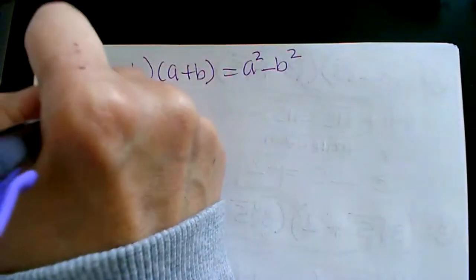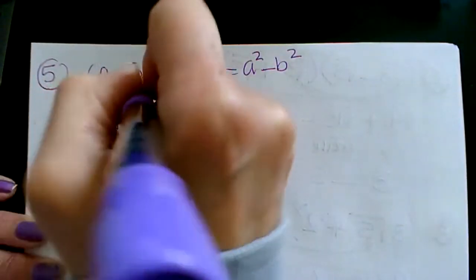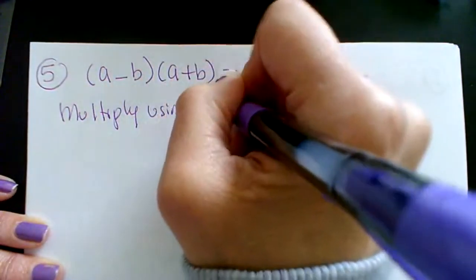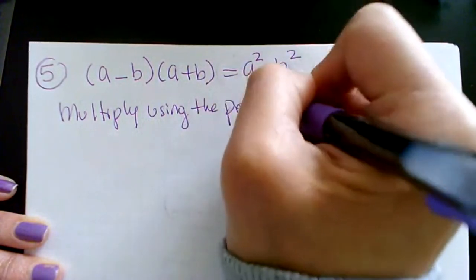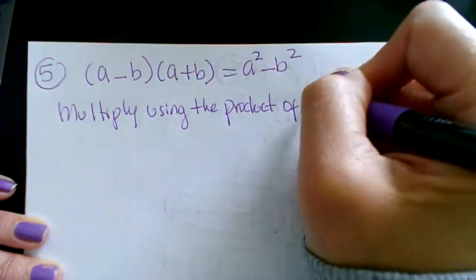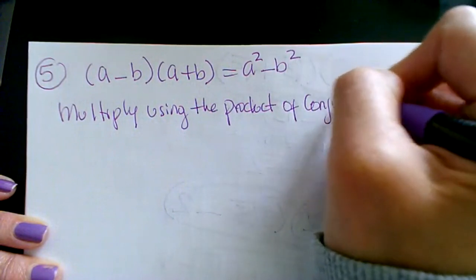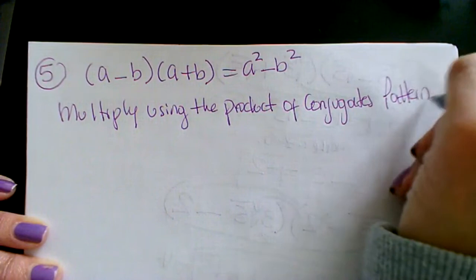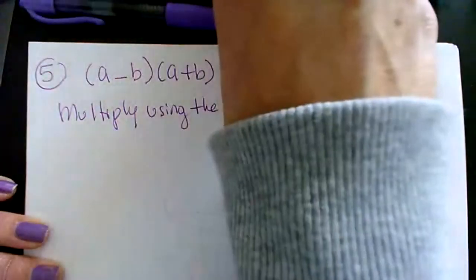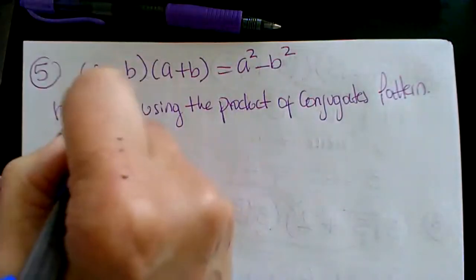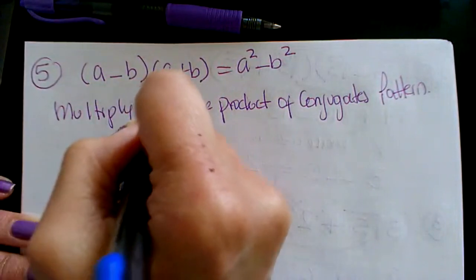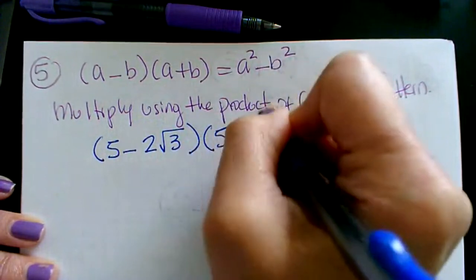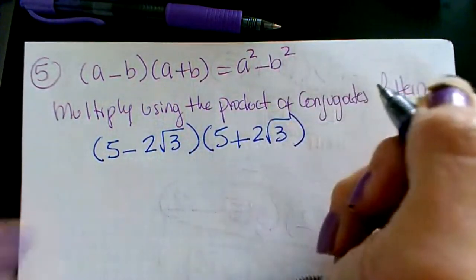So we're going to multiply using the product of conjugates pattern, okay? And this is what we're going to be multiplying: 5 minus 2 times the square root of 3, 5 plus 2 square root of 3.